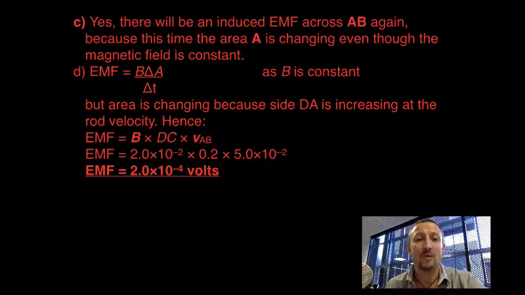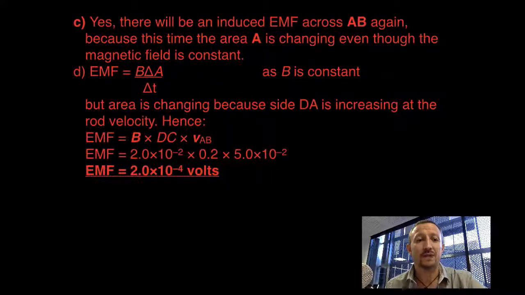So obviously, yes, there will be an induced EMF because this time the area is changing while the magnetic field remains constant. And remember, magnetic flux is B times A. So if you change A and you keep B constant, you still get a change in flux. So as a result, you must still get an induced voltage there.